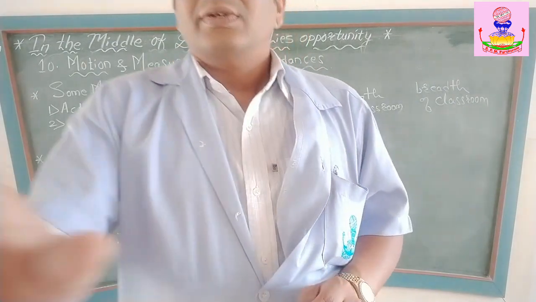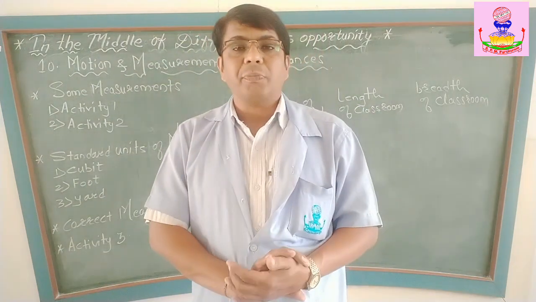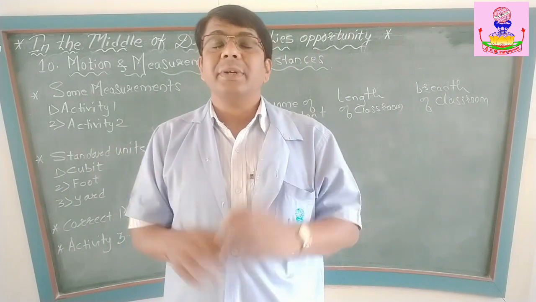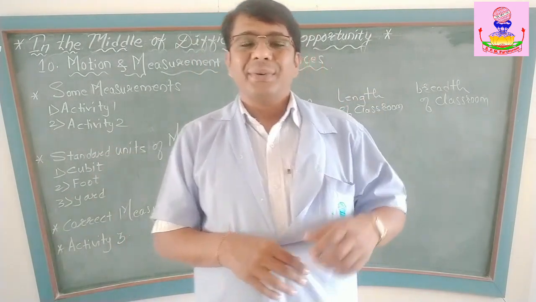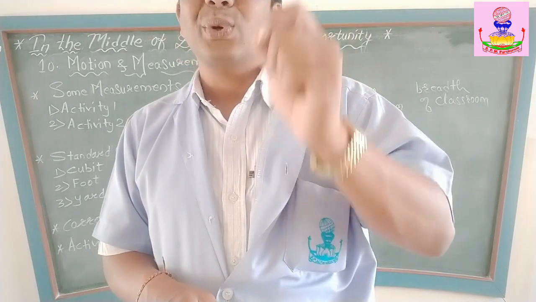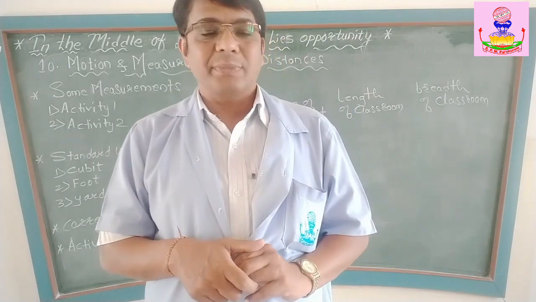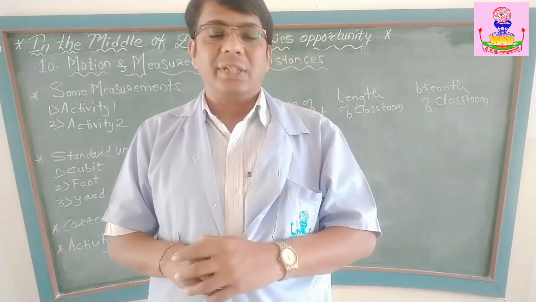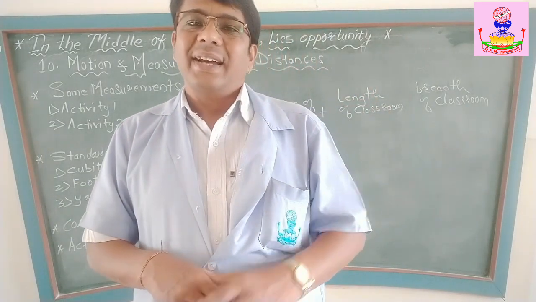Now before coming to standard units of measurements, what is measurement? Measurement means the comparison of an unknown quantity with a fixed known quantity. That is called measurement. And this fixed quantity which is used is called the unit.